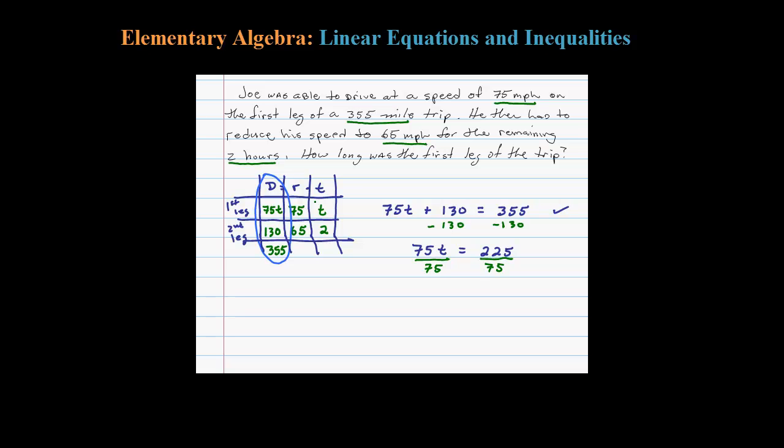Okay, t is the time for the first leg, so that's what we're actually looking for. T equals then 225 divided by 75 is 3. Okay, so then the first leg of the trip lasted 3 hours.